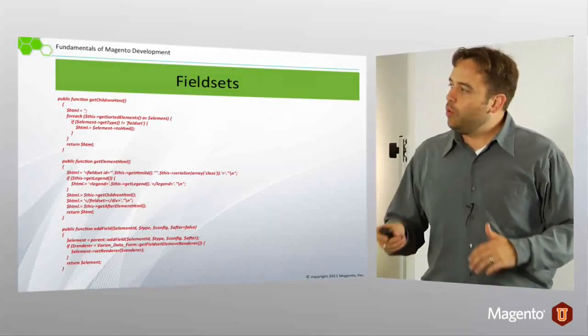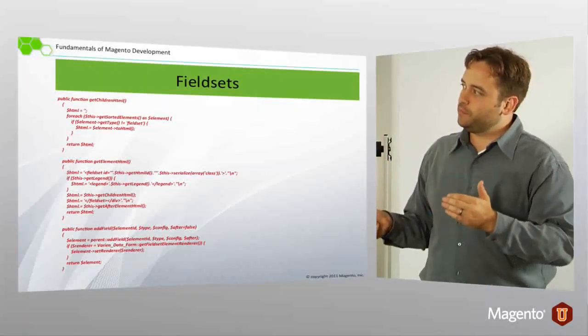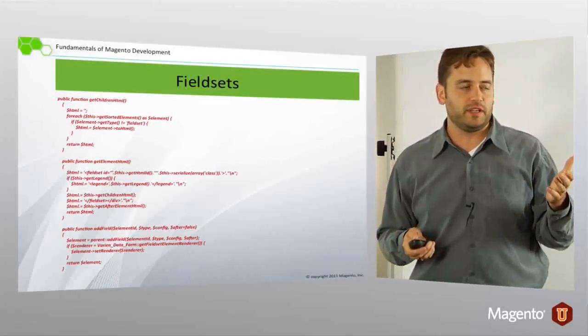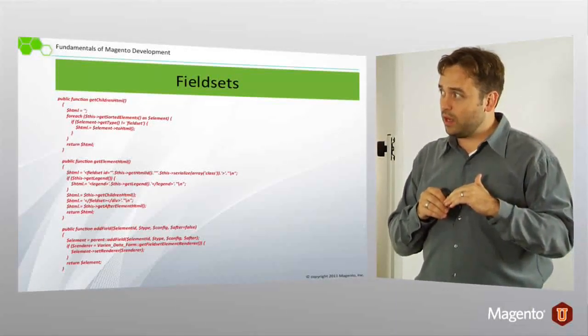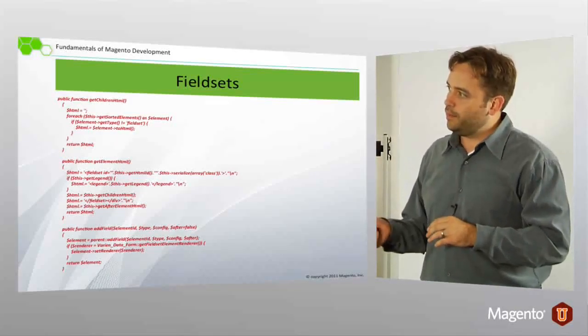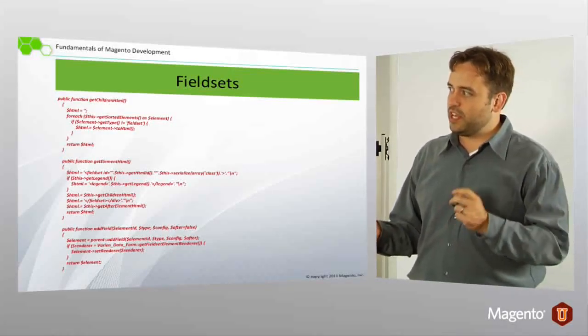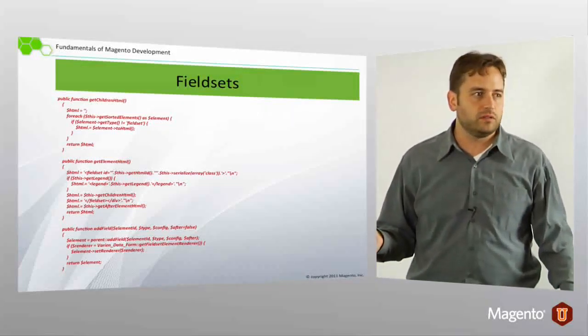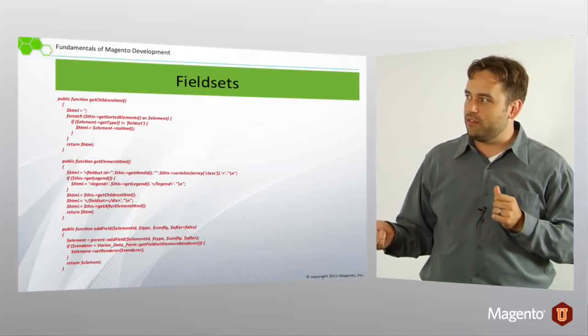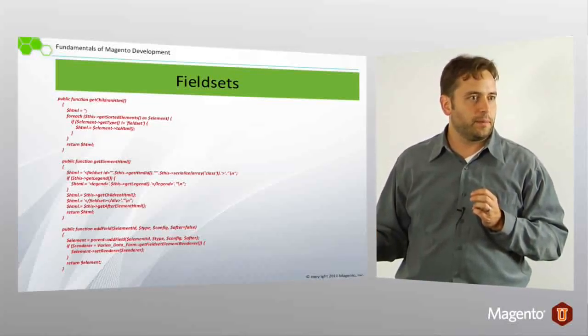For a field set, there's a very handy thing. I don't know if you ever need to render some HTML or JavaScript in your admin. You can actually set the after element HTML property, and that will be rendered outside of the field set container.